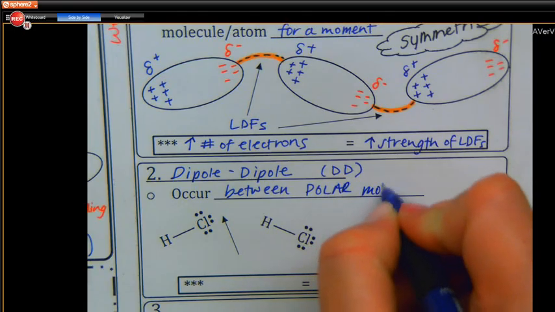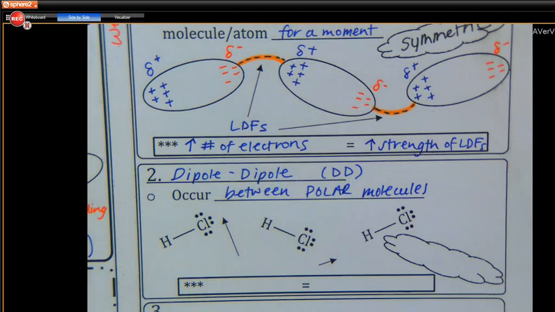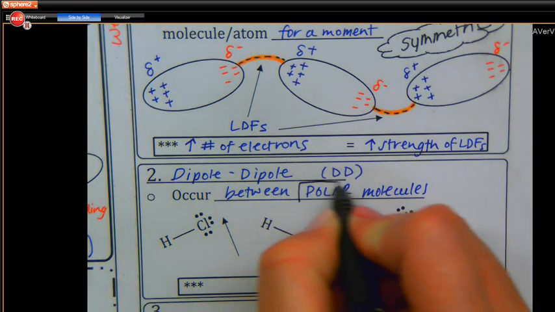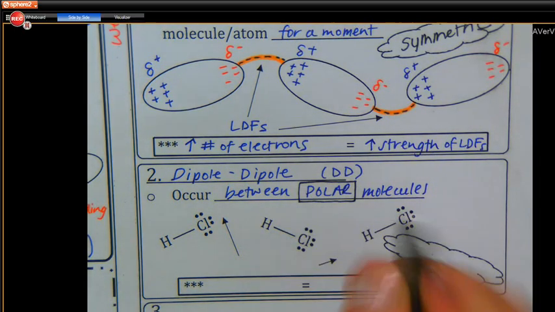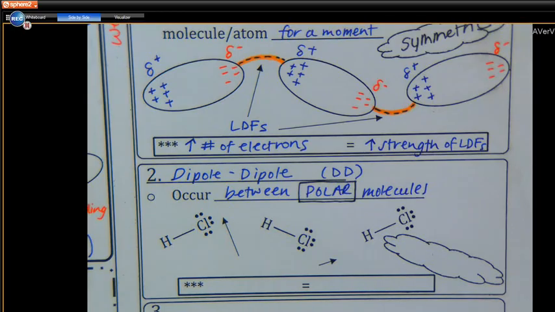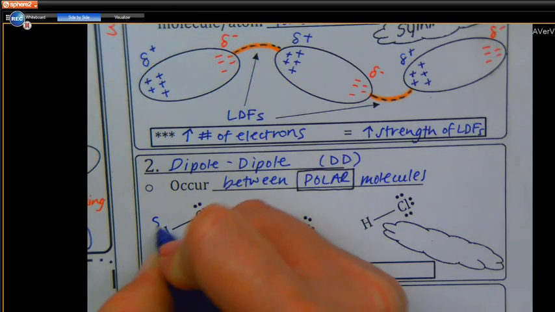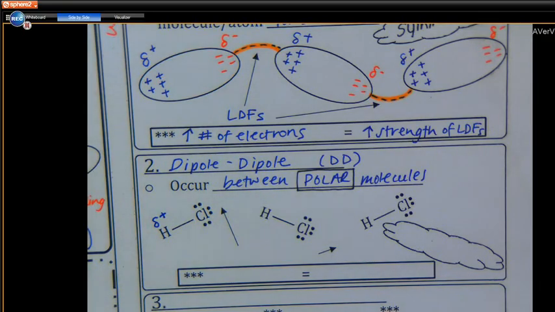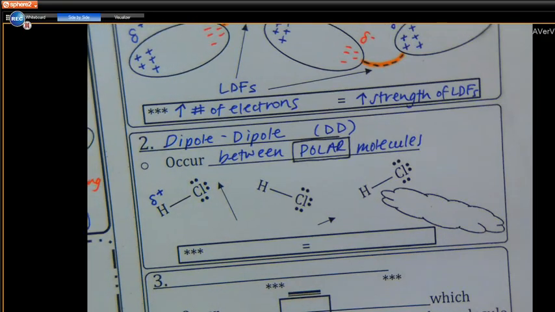Dipole-dipole interactions, or dipole-dipole IMFs, occur in asymmetric molecules. Molecules that do not look the same in three-dimensional space, right? In the HCl, we have a hydrogen on one side and a chlorine on another. That is not symmetrical, okay? Or symmetric.